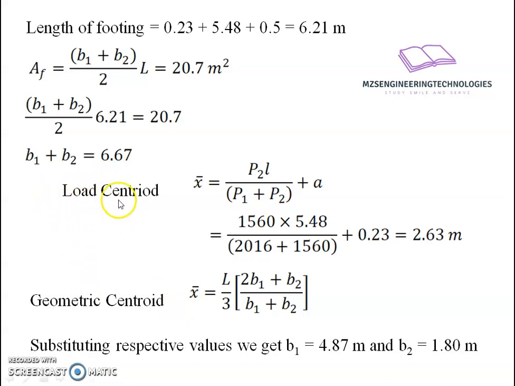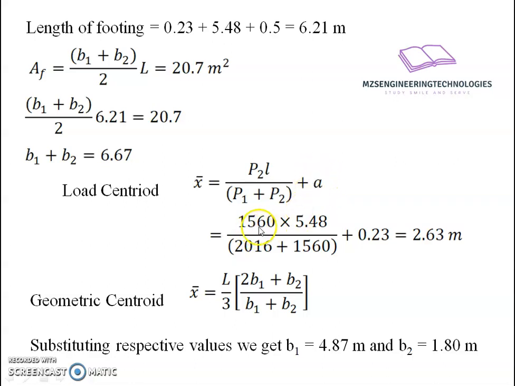So let's work on the load centroid. The load centroid of the footing can be calculated as x bar equals P2 L divided by P1 plus P2, plus A. What is the meaning of this? I am going to take the moment of all loads about the P1 load. From statics I get P2 times L divided by P1 plus P2, plus A. A is the projection. Here, since the column is located at the edge, half of the width will act as the projection.